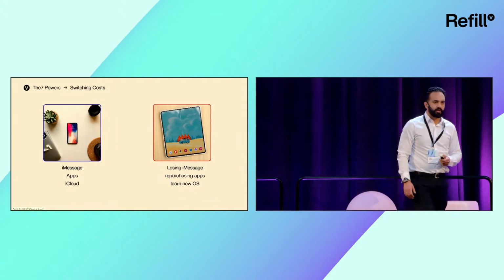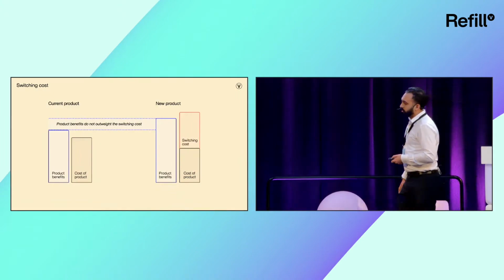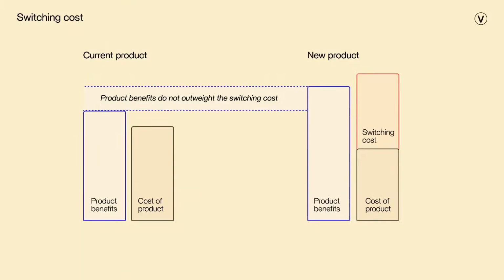And I have modeled how it will look. Here you see two products, a current product and a new product. Not iPhone, but a random current product, that has these benefits and a cost.